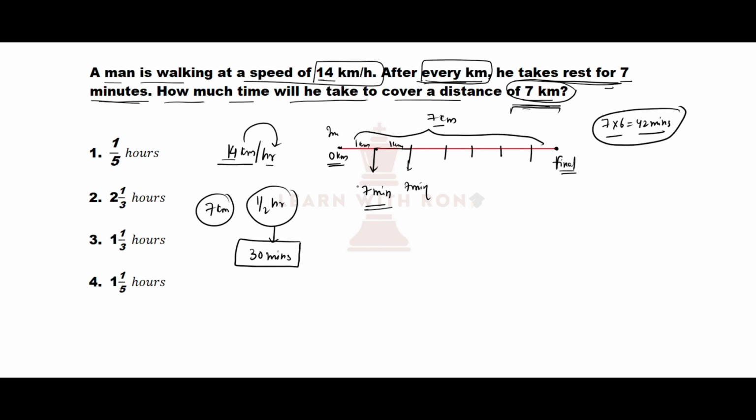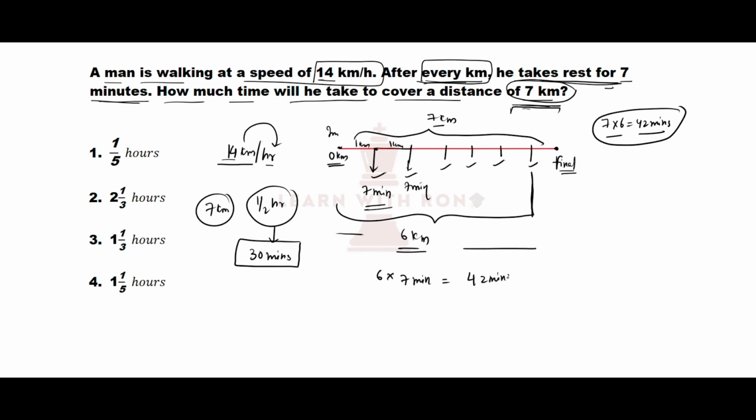See here, at this point until this point, this is 6 kilometers. Means he traveled 6 kilometers and he took the resting points 1, 2, 3, 4, 5, 6. Means 6 times, each time 7 minutes. So he took 42 minutes as resting.